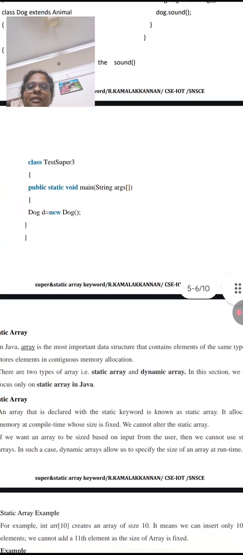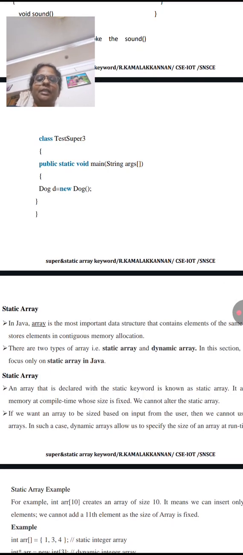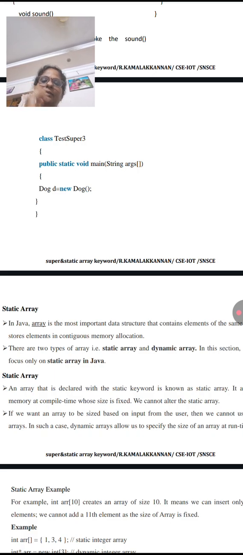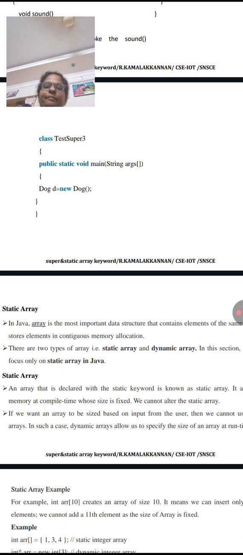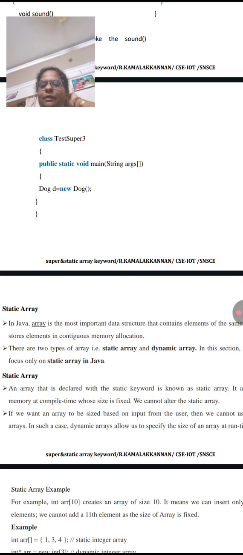A static array in Java is declared using the keyword static, its memory is fixed at compile time, while a dynamic array takes its size from user input.